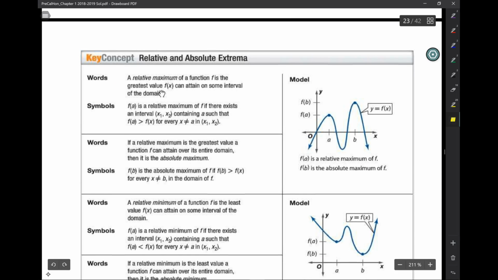So let's talk about extrema. Extrema means max or min. And it occurs when the function changes between increasing and decreasing.